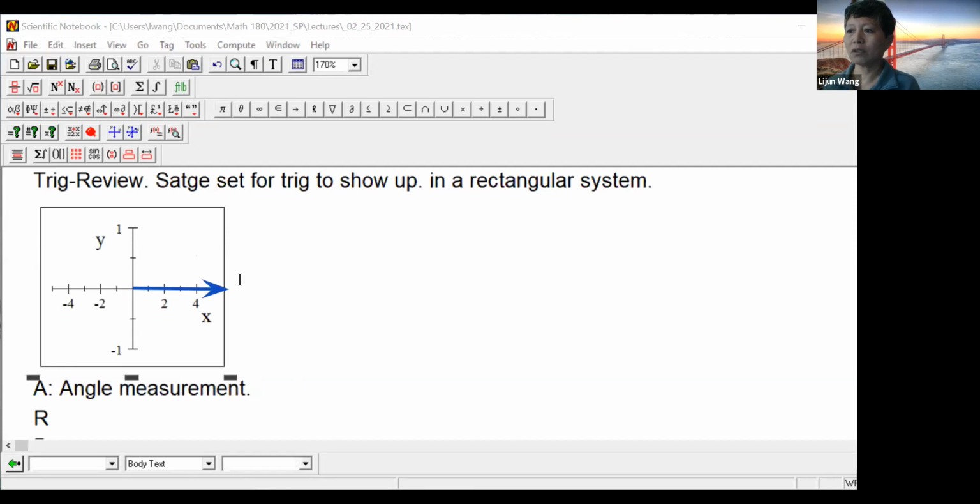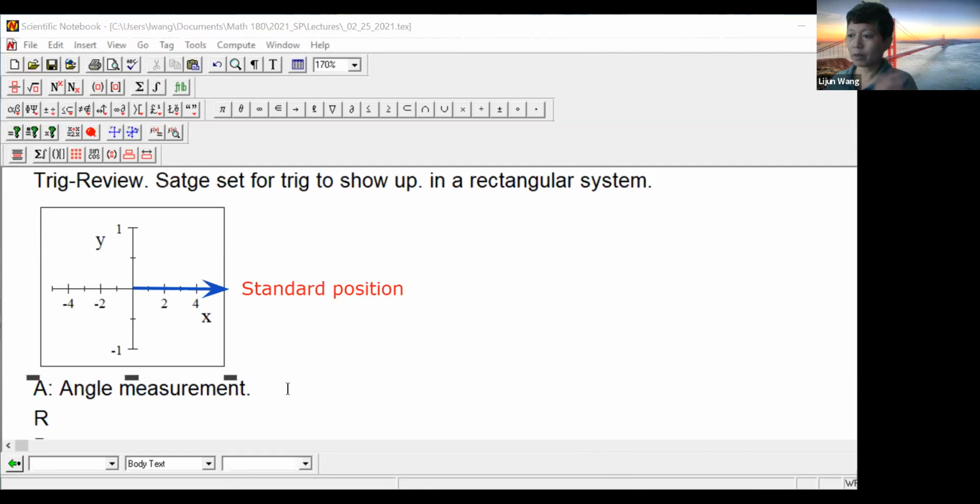This is called the standard position. You follow me? All the angles are measured from standard position. If you go counterclockwise, it's a positive angle. If we go clockwise, it's a negative angle. Everybody knows that, right?